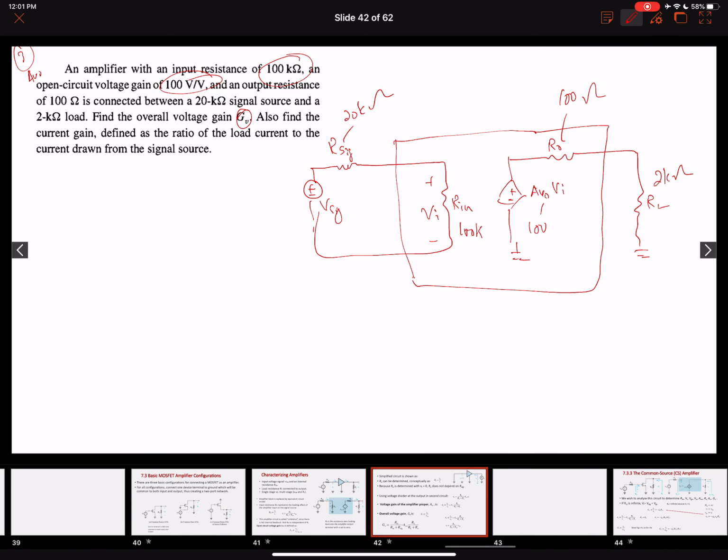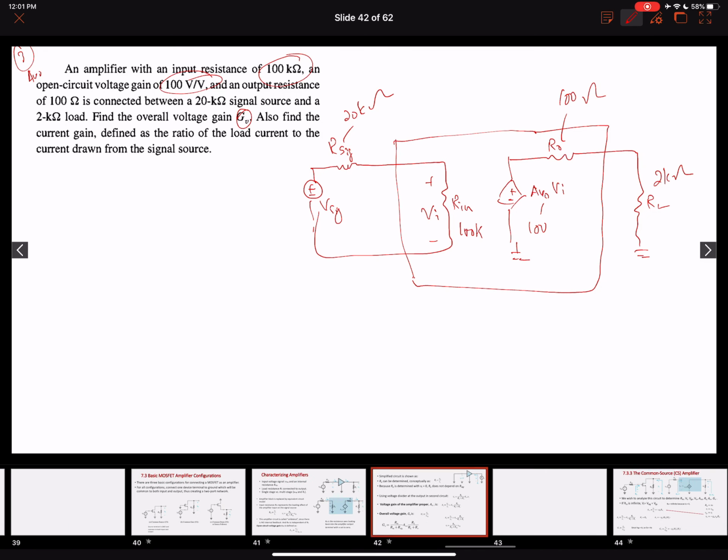We can easily see that our I naught over here is equal to V naught over RL, right? And now if I use a voltage divider over here, Vi equals V signal times Rin over Rin plus R signal.